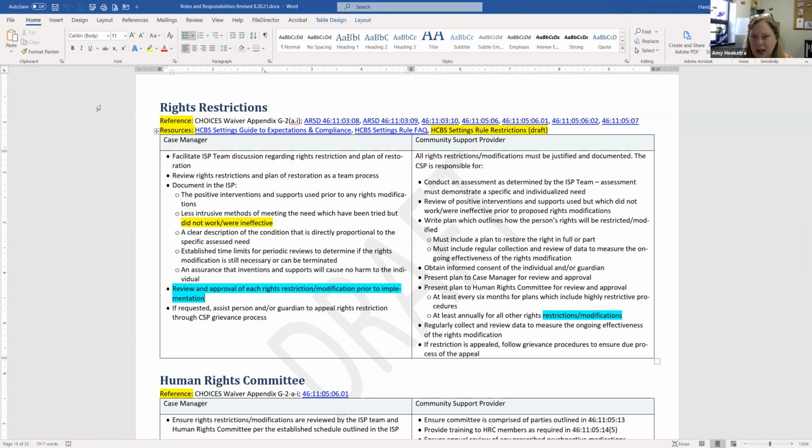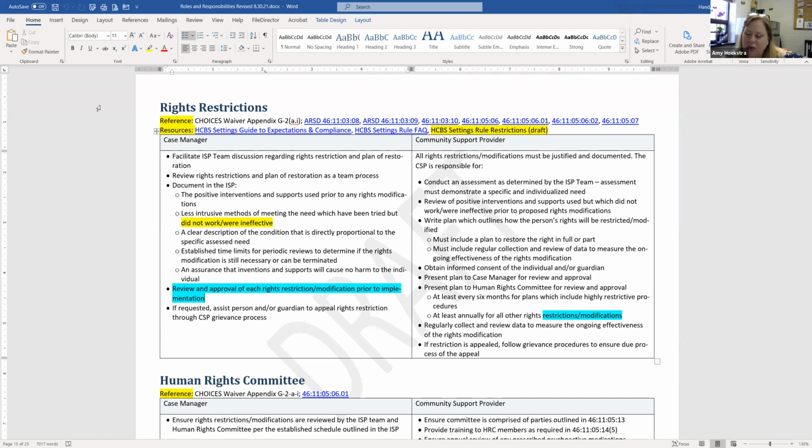I have a question just about the part on the case manager side about documenting in the ISP all those different bullets. I'm assuming that would be in the risk section of the ISP. Right now, case managers are linking the plans from the CSP for each identified restriction, and those plans typically have this information.